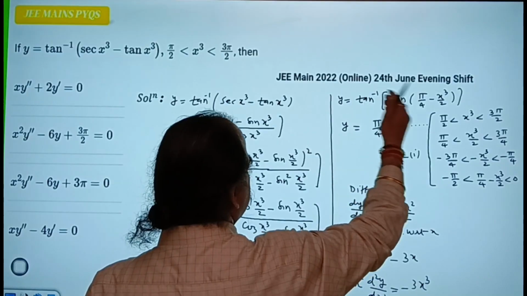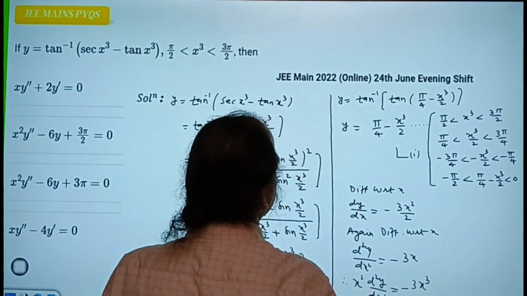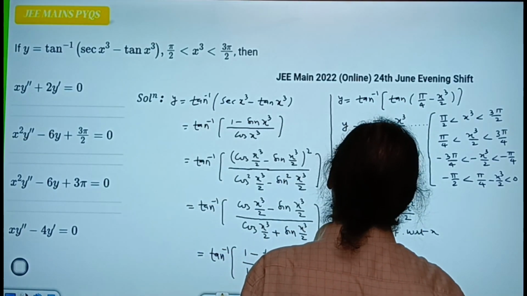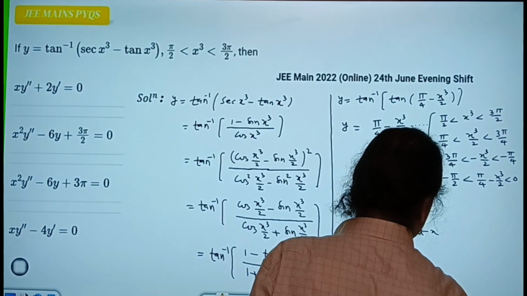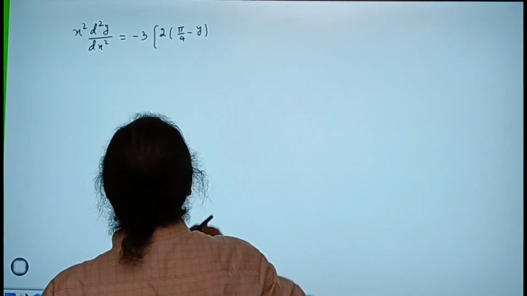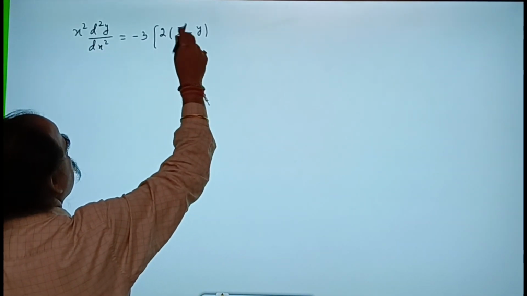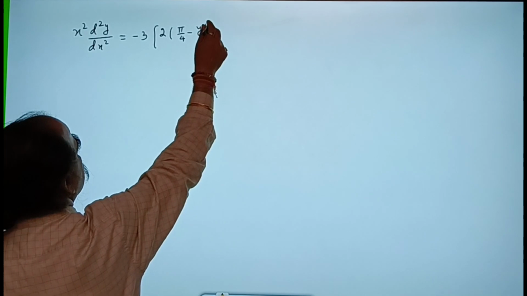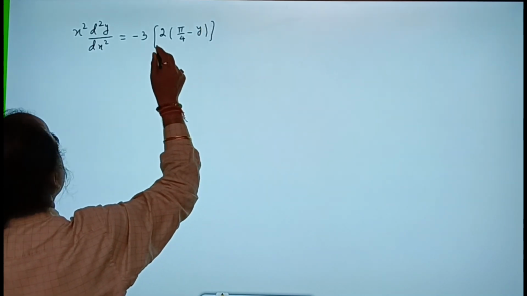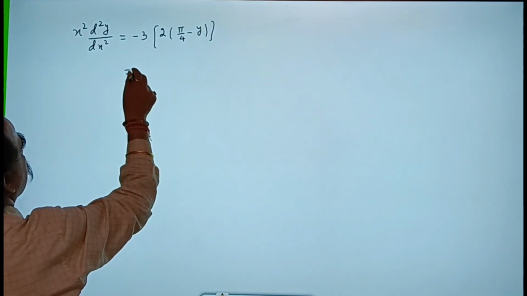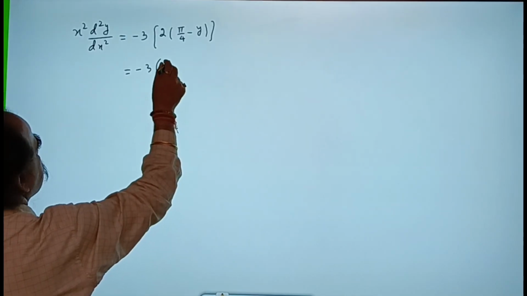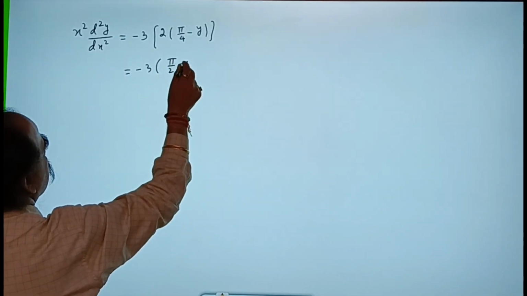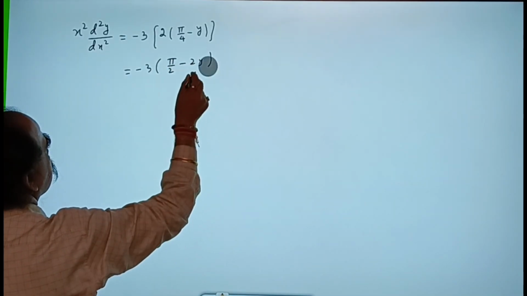So bring this on this side, transfer y: 2 into pi by 4 minus 2y. Minus 3 into pi by 2.